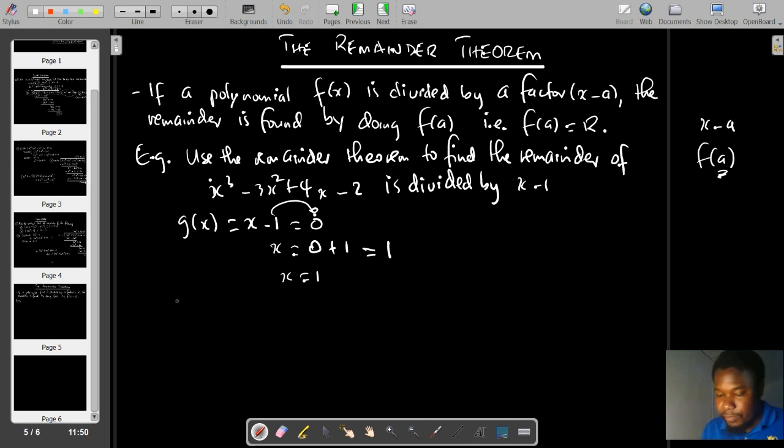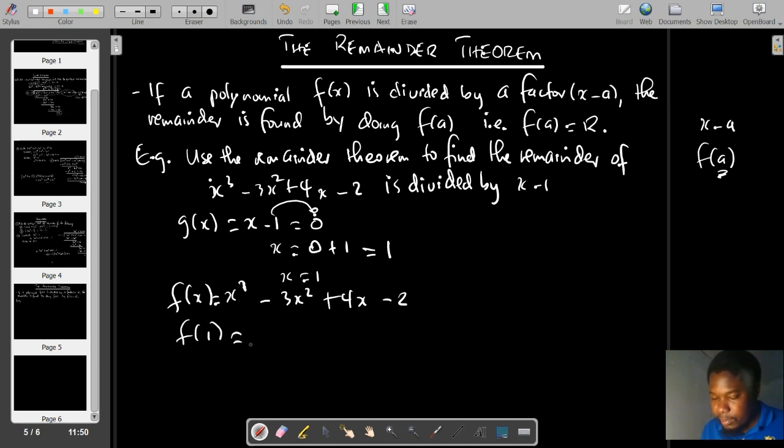So what you're going to substitute is x is equal to 1. Your function, which is the polynomial given, is x to the power 3 minus 3x squared plus 4x minus 2, and then you substitute 1, which gives us 1 to the power 3 minus 3 times 1 squared, plus 4 times 1, minus 2.